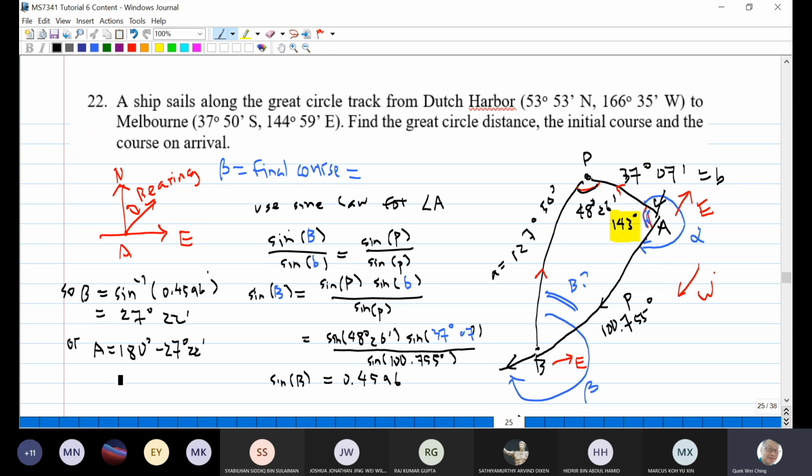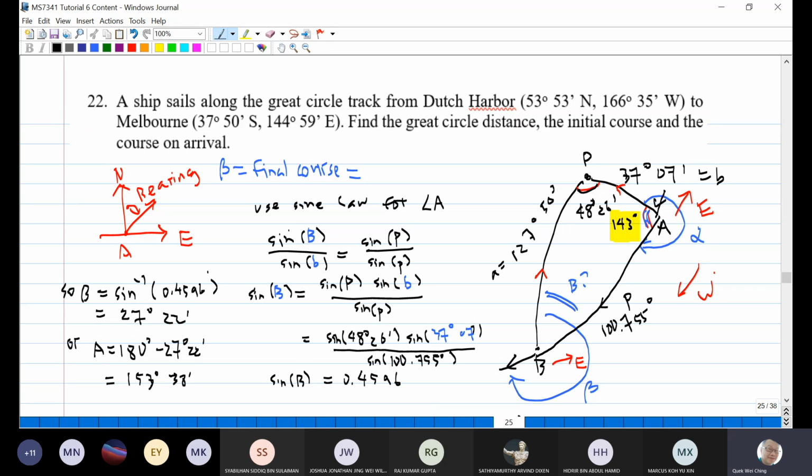Okay, so the big angle here is actually 153 degrees, 38 minutes.